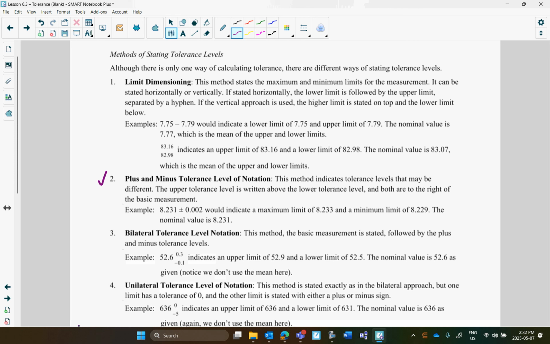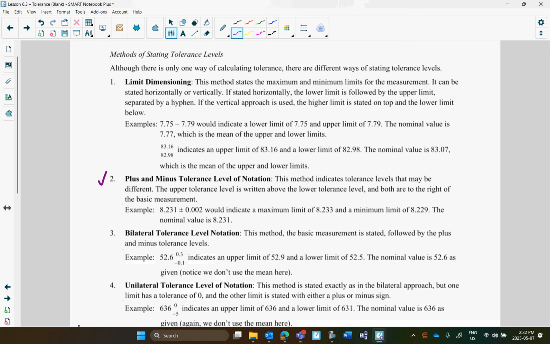It may be shown in what's called limit dimension. What it does is it states the maximum and minimum limits. It doesn't state the nominal value. So it could look like this, or it could look like this.